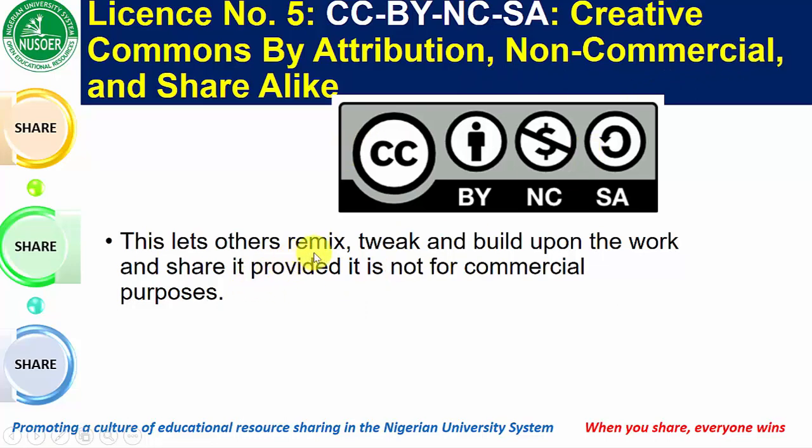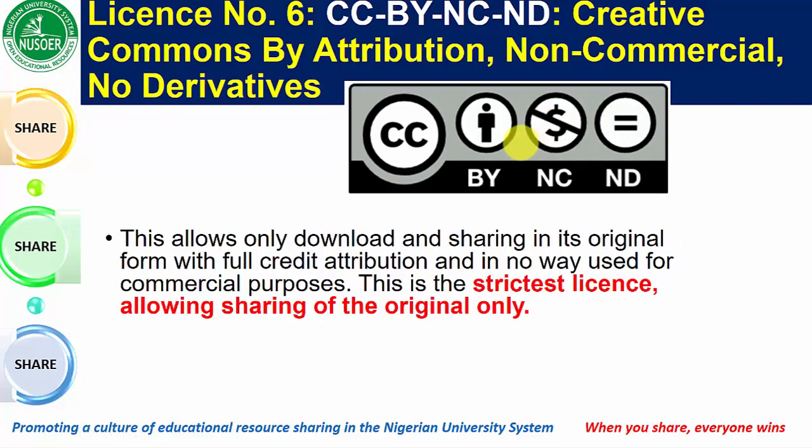So others can remix it, can build upon the work and share it as much as they like, that's share alike, but not for commercial purposes. So let's go to the last one, CC by NC ND, that is Creative Commons by attribution, non-commercial, non-derivative. You can see this one is very, very tight. In fact, it's the strictest of the licenses and allows sharing of the original only.